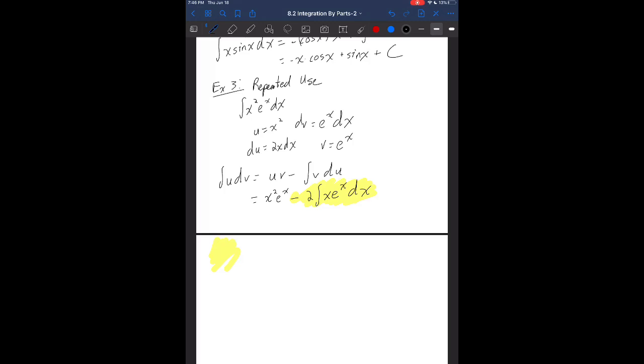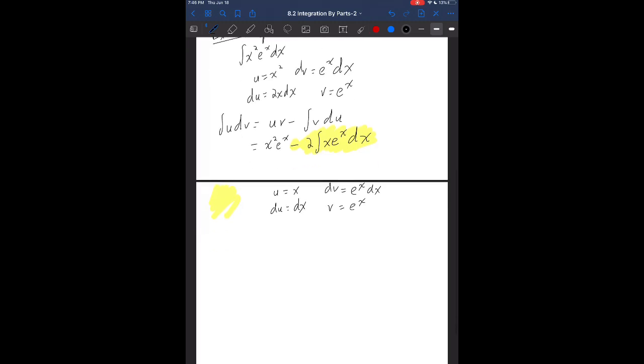Okay, so we need another u and another dv. Well, in this case, we can set u equal to x, dv equal to e to the x. Derivative of u is the derivative of x, and the integral of e to the x dx is e to the x.